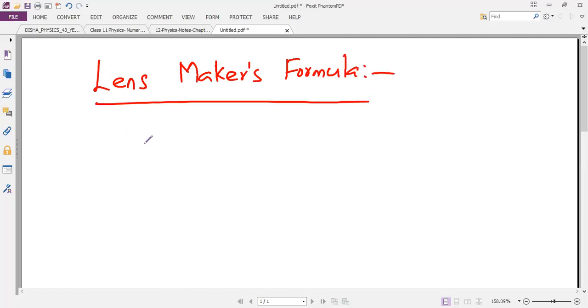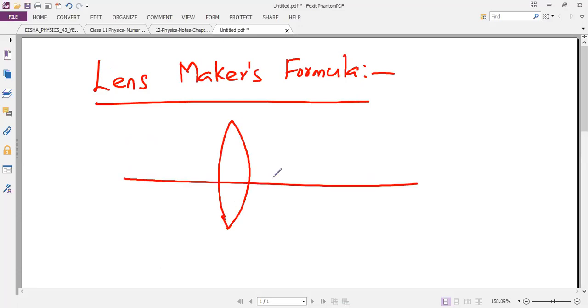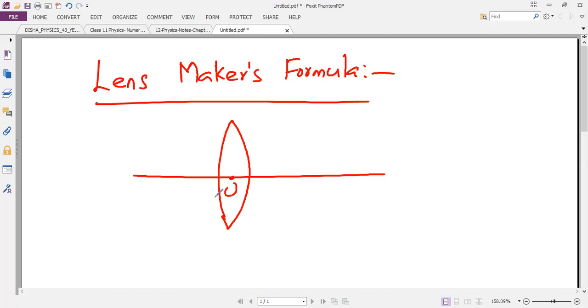First, I am using a convex lens. Okay, this is a convex lens. Optical center O. I will place the object at the point O. This is the object position O.